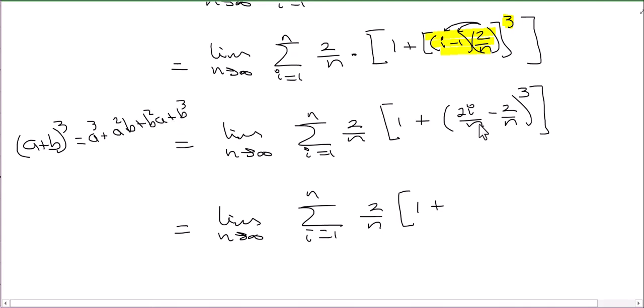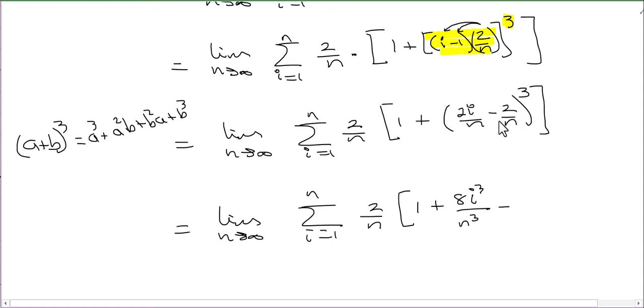So let's see, what does that become? That will be 2i over n cubed, so that will be 8i cubed over n cubed, and then plus a squared b. So actually minus, right?